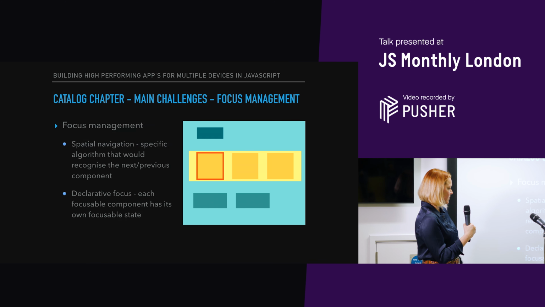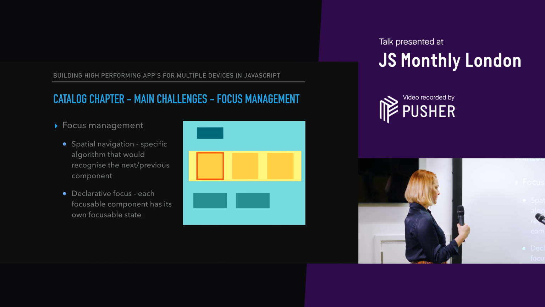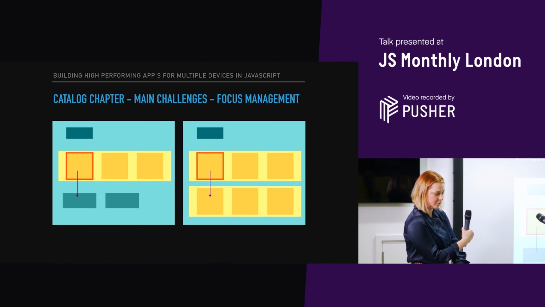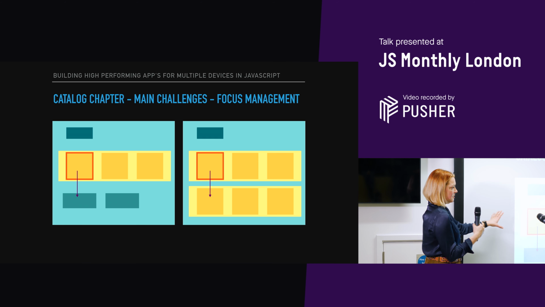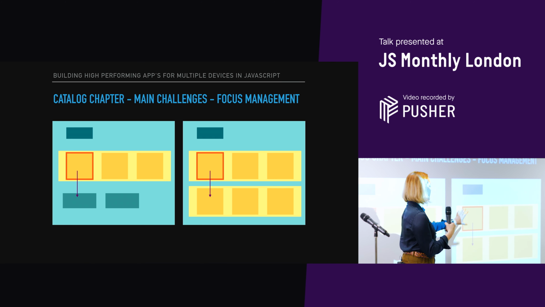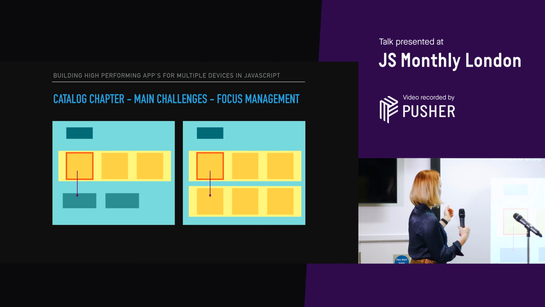So we decided to go with something that we call declarative focus, where we declare each focusable component, and it can have its own focusable state. The next challenge would be, okay, this is our focusable rail, right? So the first item is focused, and it is easy if I want to go left, right.